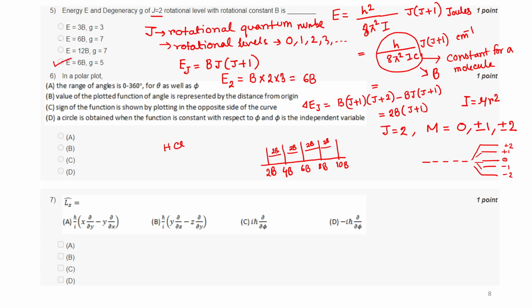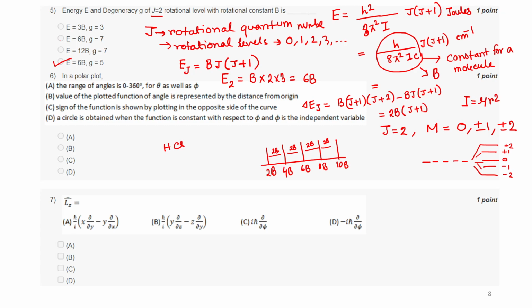So you are only going to deal with heterodiatomic molecules like HCl, HBr. For those molecules, when you record a spectra, you are going to see that the rotational spectra are equispaced.